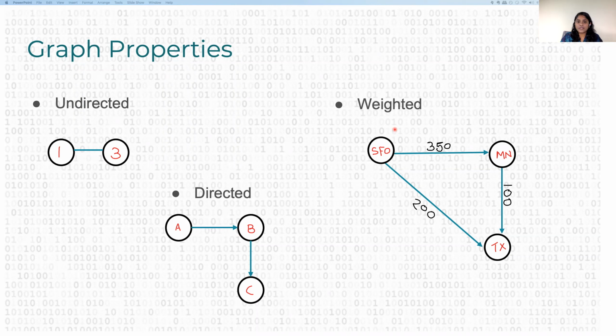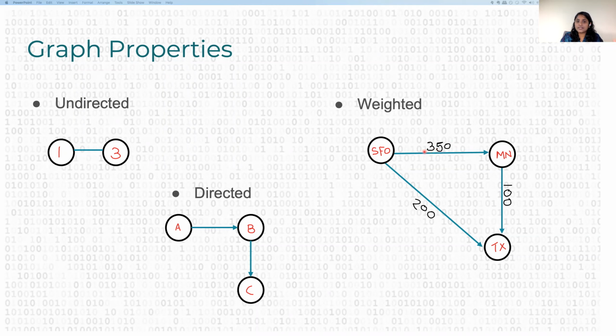And a weighted graph is nothing but the cost associated with moving from one node to another node. So here, let's take an example of maps, where to move from one place to another place, there's a cost associated with it. This could be anything, not typically dollars, but it could be anything like the distance.